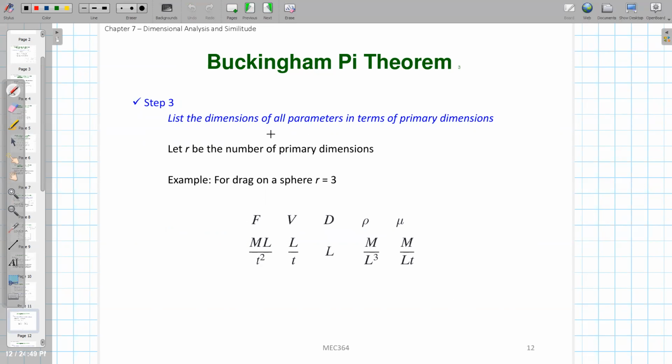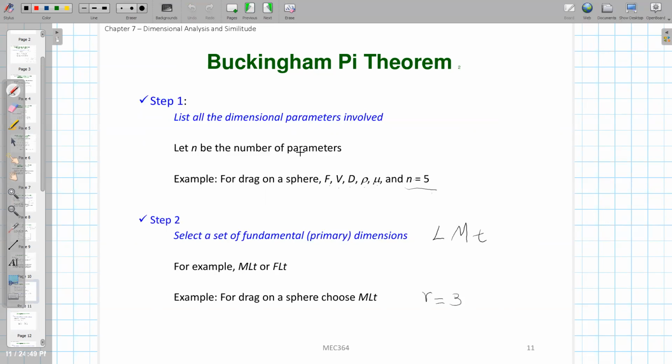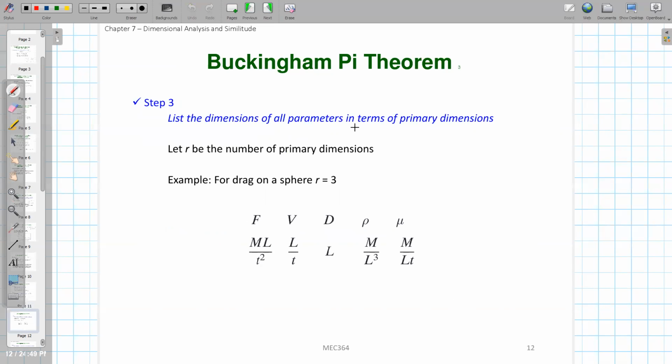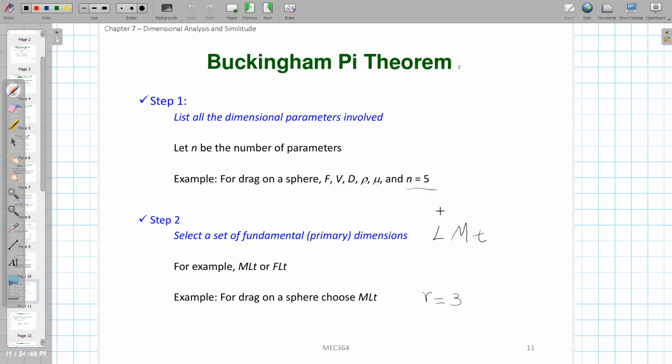And step 3. You have these 5 parameters, right? Now you need to list the dimensions of all these parameters. For example, this is force, right? Force is Newton. How do you write Newton in meter, kilogram, second?